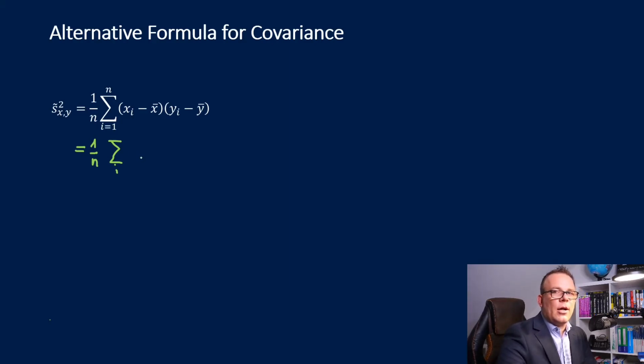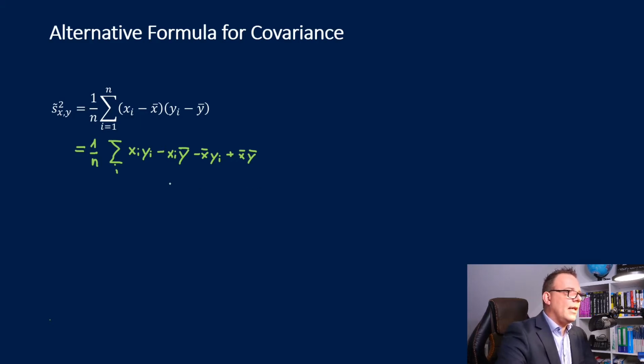And now I can multiply out those two brackets: xi times yi, minus xi times y bar, minus x bar times yi, and plus, because minus times minus is plus, x bar and y bar. So this is our first step.